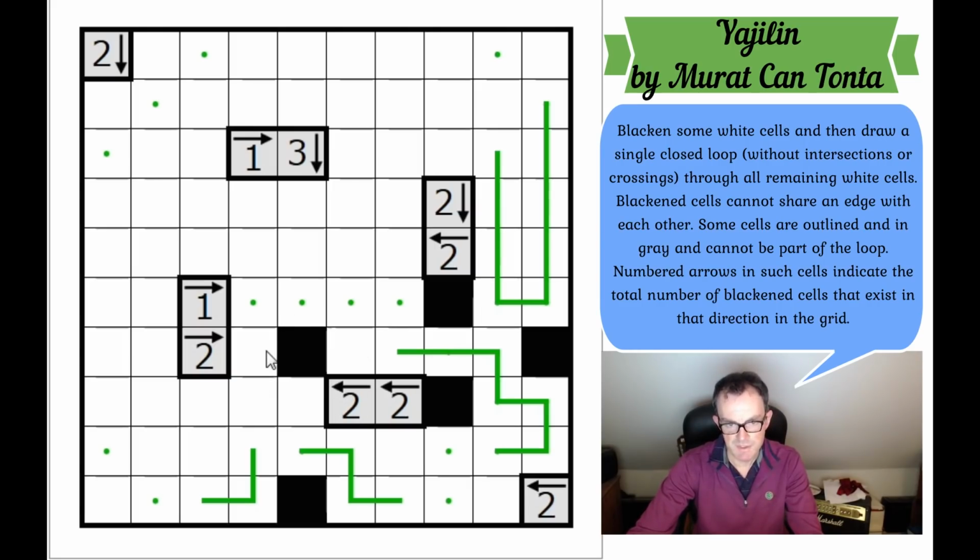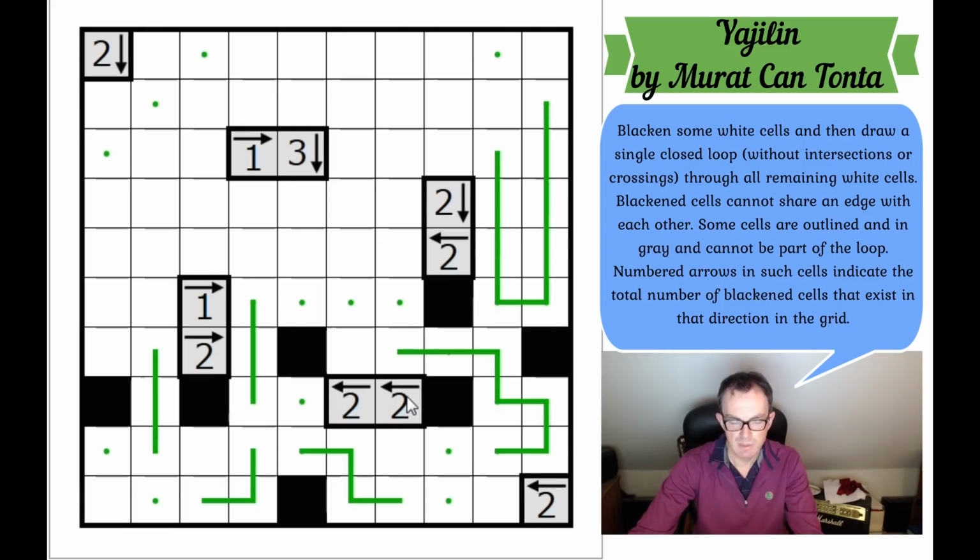But what a black square here does is it introduces another loop end into this region down at the bottom. So you can see that because of this 2 clue, we're going to have to do that, which again brings in another loop end.